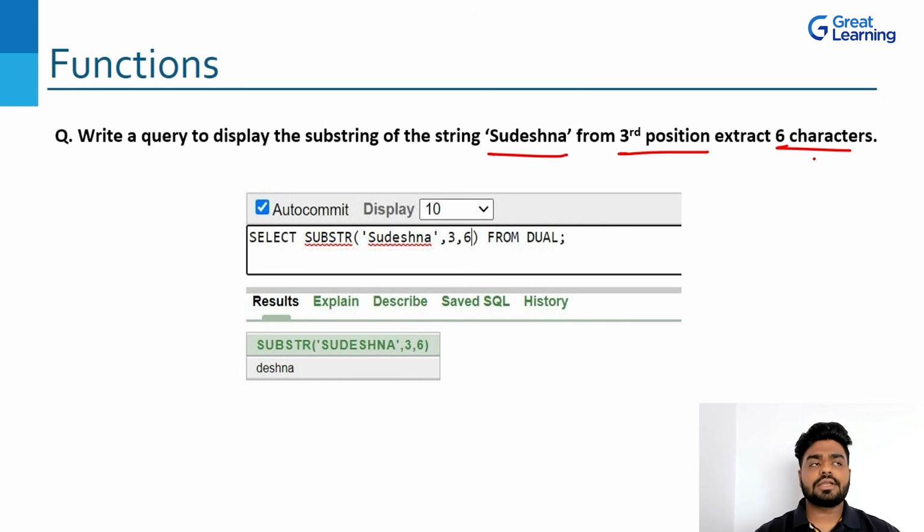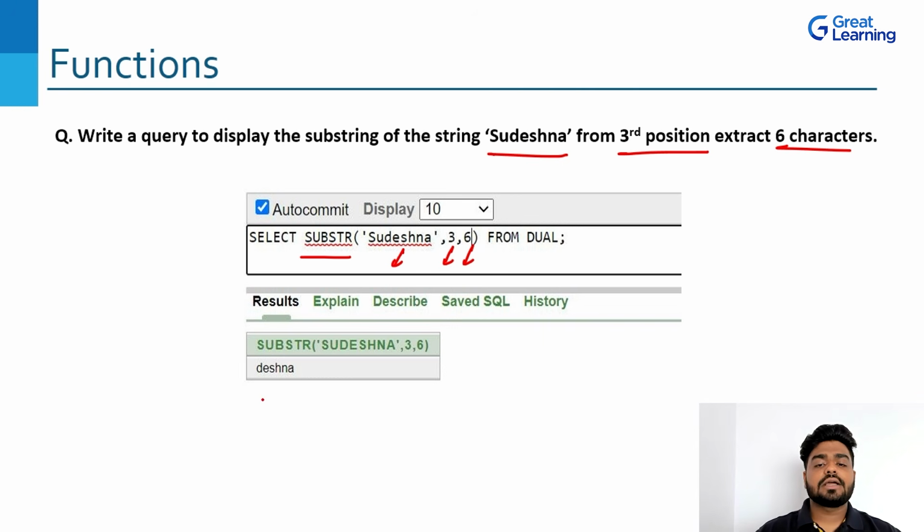That means there is a function which uses these 3 parameters. So we have a function, substr, which uses 3 parameters. First of all, the string with which you want to work, and the second parameter is the position from where you want to start the extraction, and the last parameter is how many characters you want to extract.